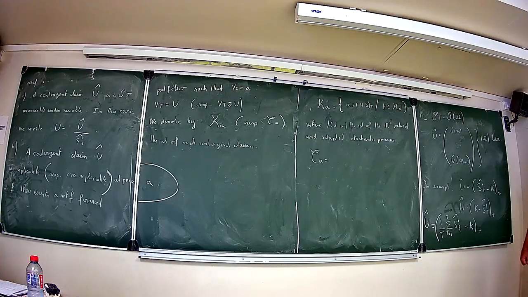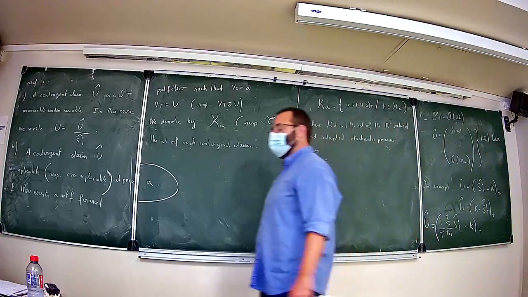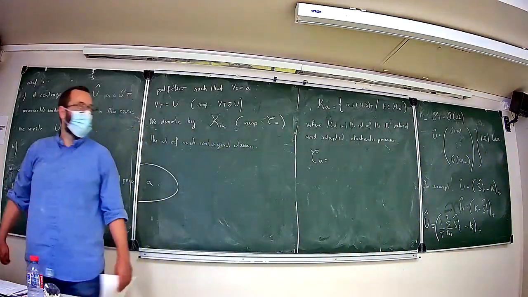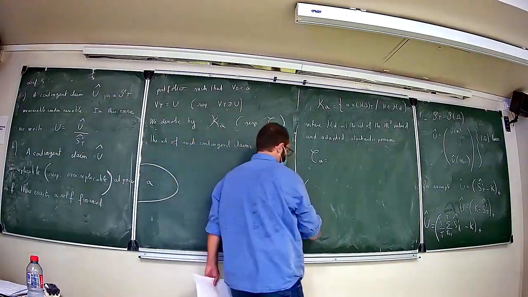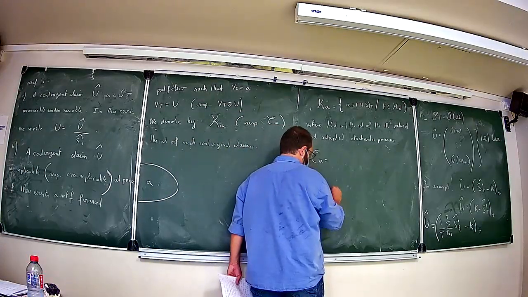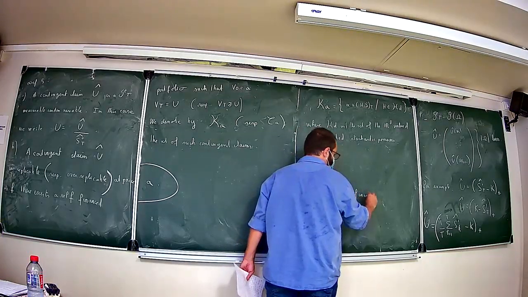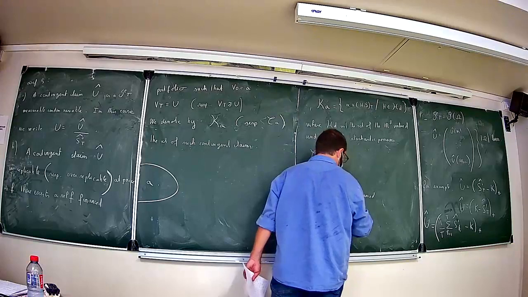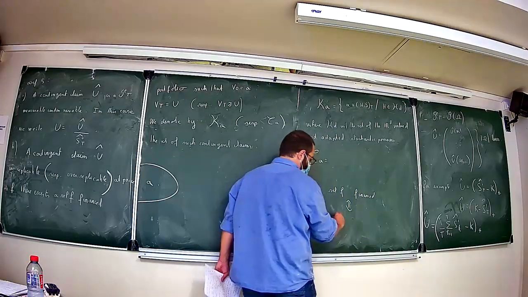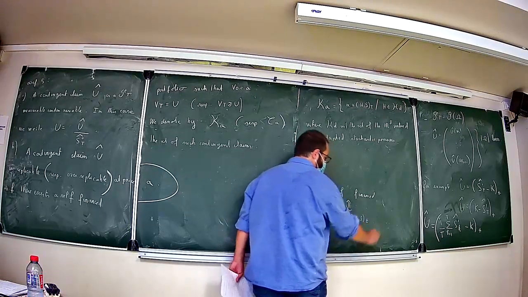We have seen together that when I have a self-financed financial strategy, self-financed is equivalent to the fact, it's something we have proved together, that V_t is equal to V_0 plus H S_t.